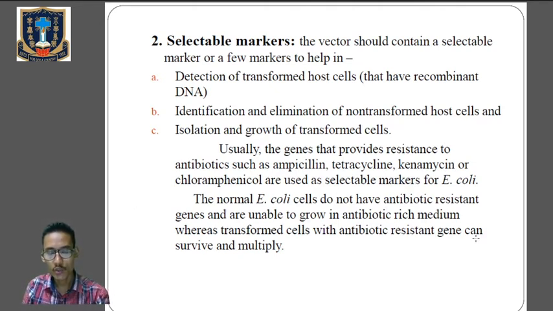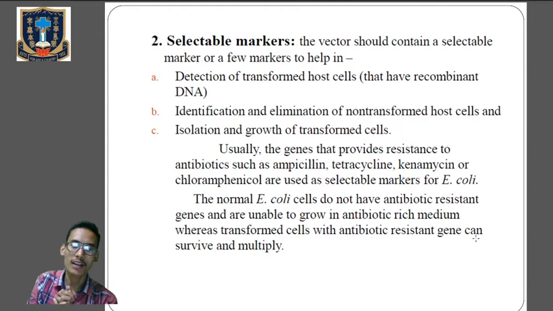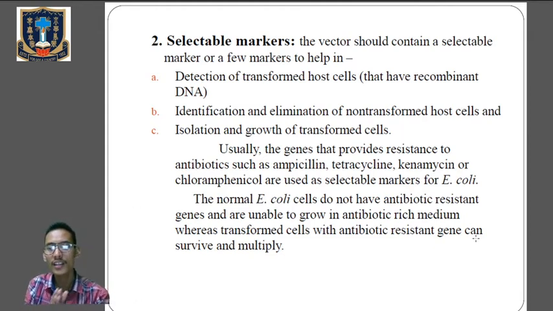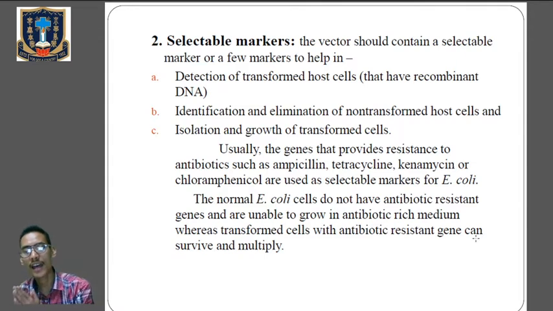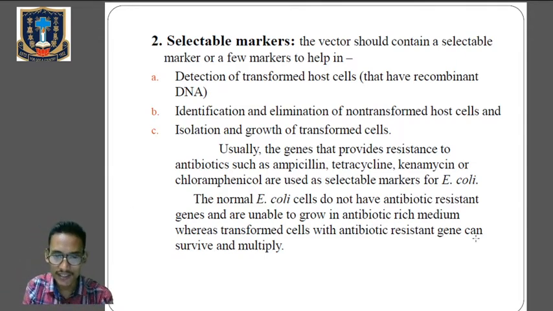Okay, so in case of vectors, those sites which provide resistance to antibiotics like ampicillin, tetracycline, kanamycin, or chloramphenicol, act as the selectable markers for E. coli. Clear? The normal E. coli cells do not have an antibiotic resistance gene.